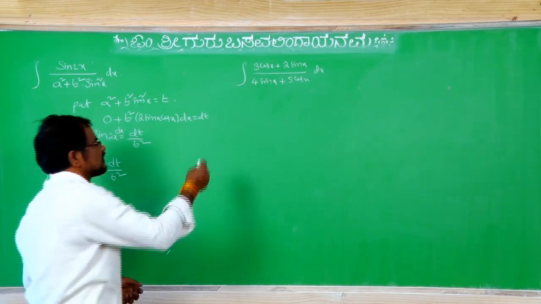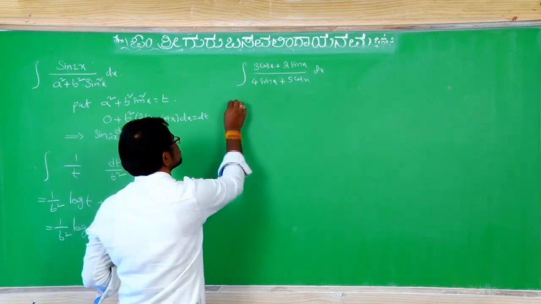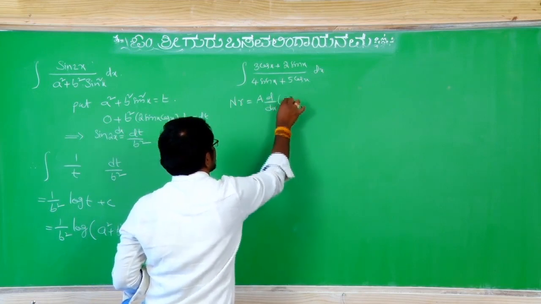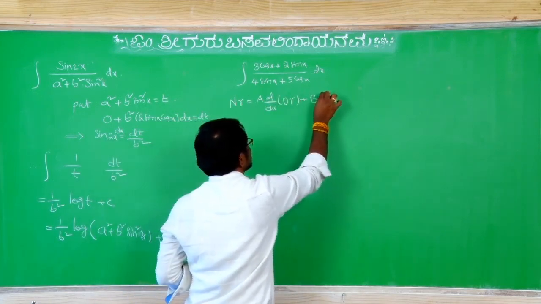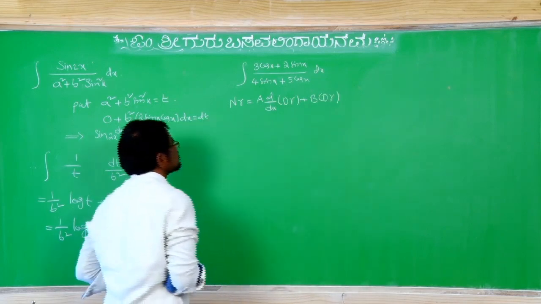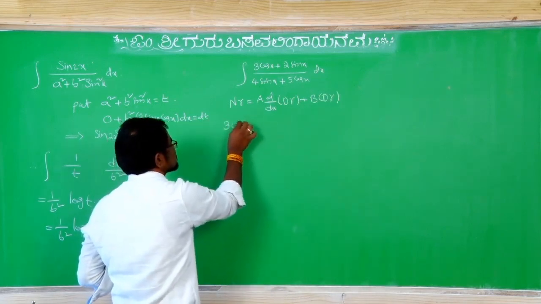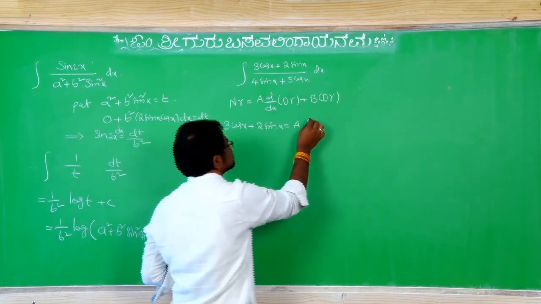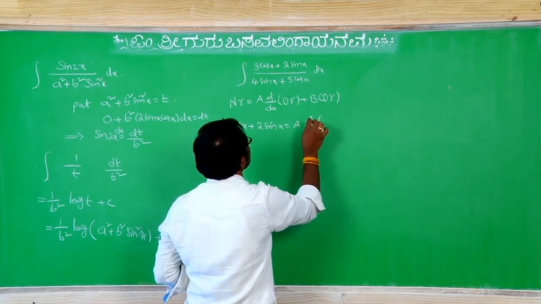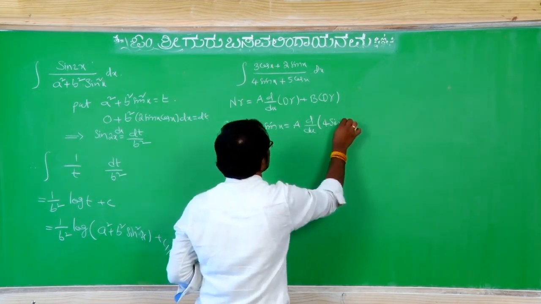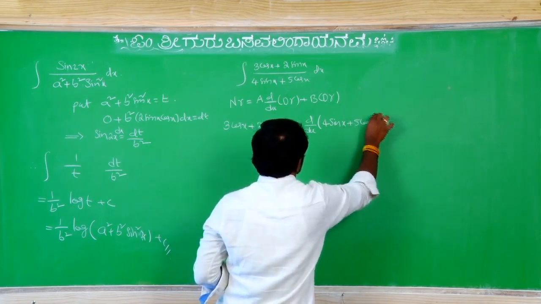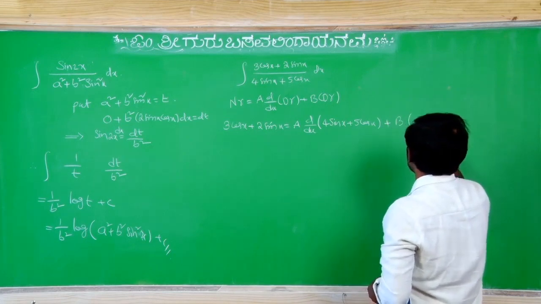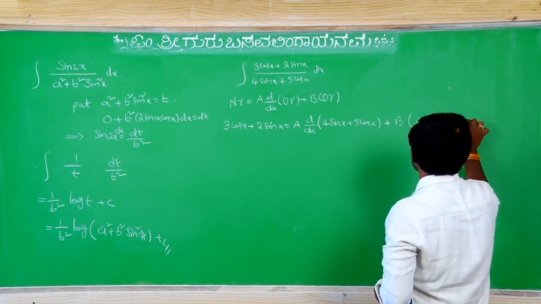How to do? Numerator equal to a into d by dx of denominator plus b into denominator. So for that, numerator 3 cos x plus 2 sin x equal to a into d by dx of 4 sin x plus 5 cos x, plus b into the denominator 4 sin x plus 5 cos x.